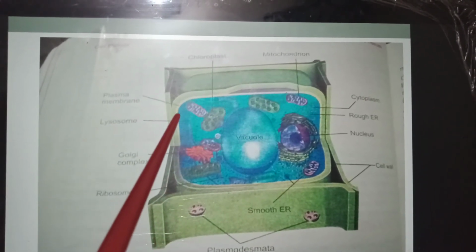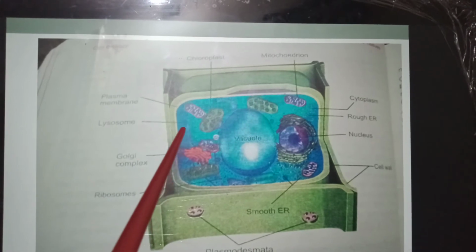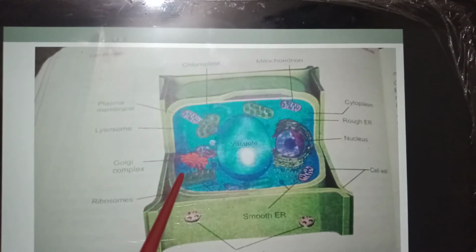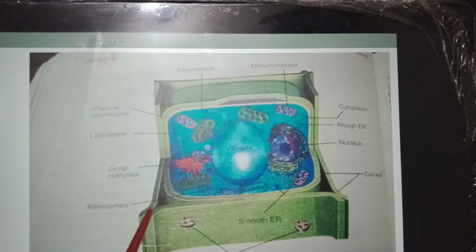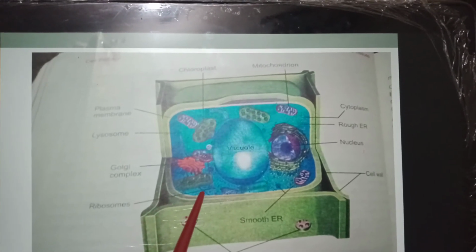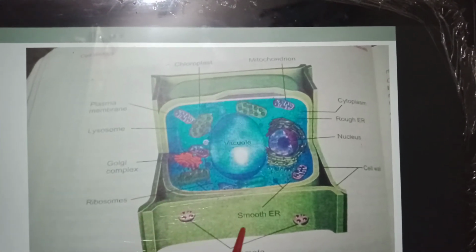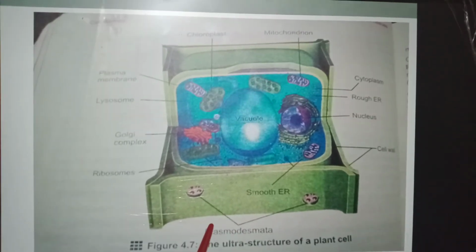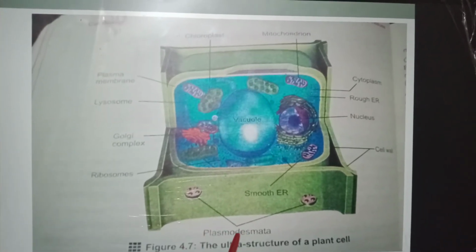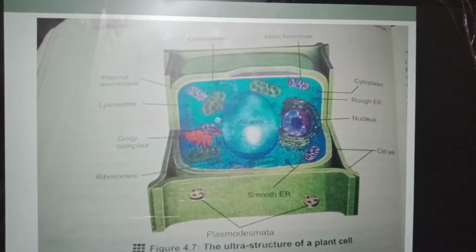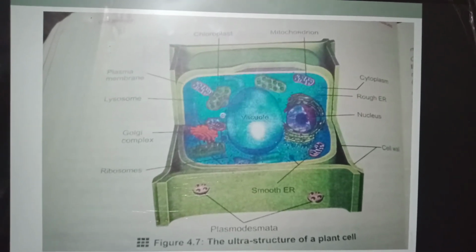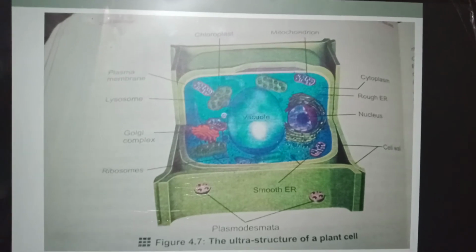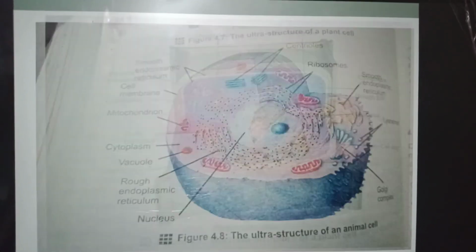Here is the plasma membrane. Here is the lysosome, Golgi apparatus, and ribosomes. Here is the smooth endoplasmic reticulum. And here are plasmodesmata, through which cytoplasm is connected with the adjacent cells.